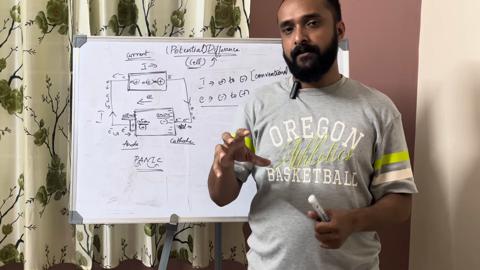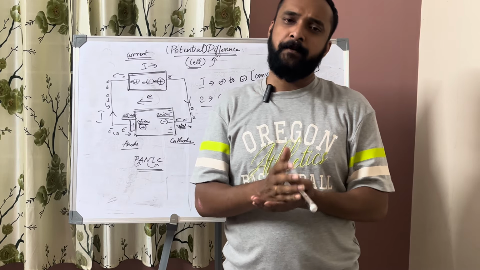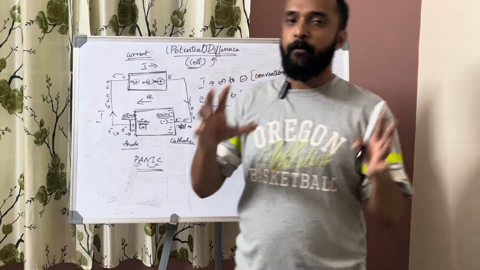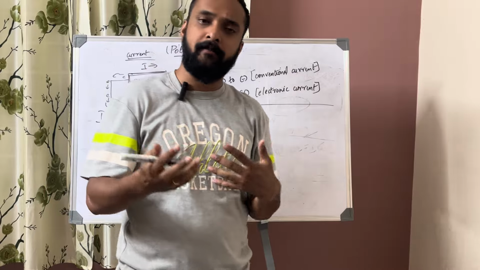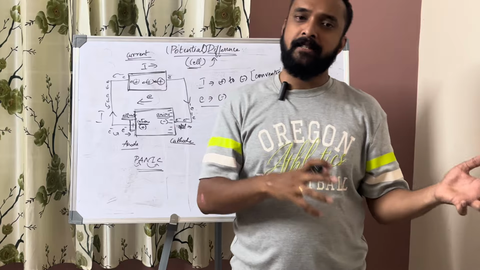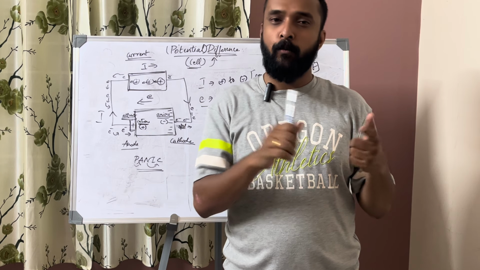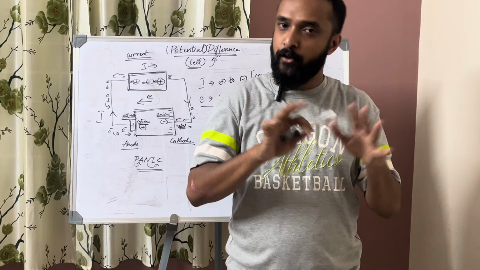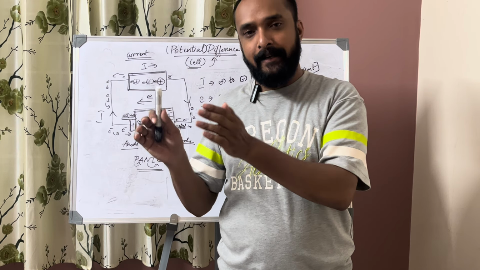When this person discovered charges, he was able to identify there are two types of charges, positive and negative. And how did we identify? We identify using the basic concept: oppositely charged things attract, similarly charged things repel. So he termed one as positive, the other as negative. He didn't know what was what. He just called one positive, another negative.